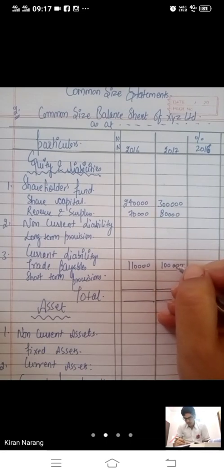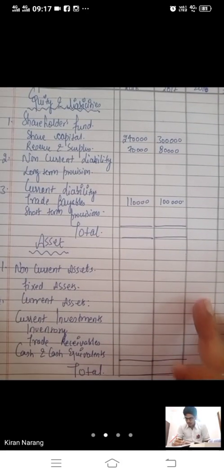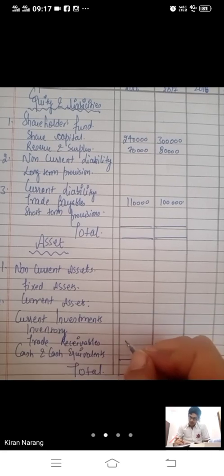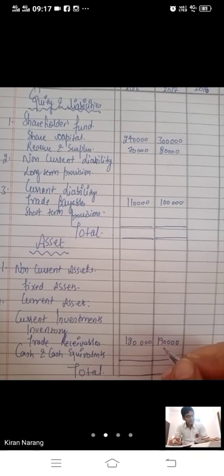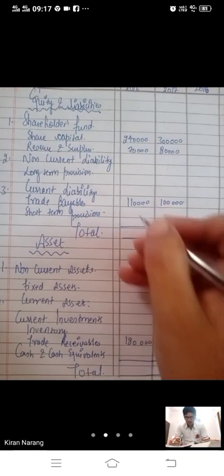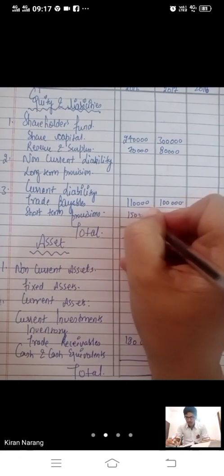After trade payables, trade receivables are given to you. They will be shown in the current assets, 180 and 190. Short-term provisions are current liability, 15,000 and 40,000.